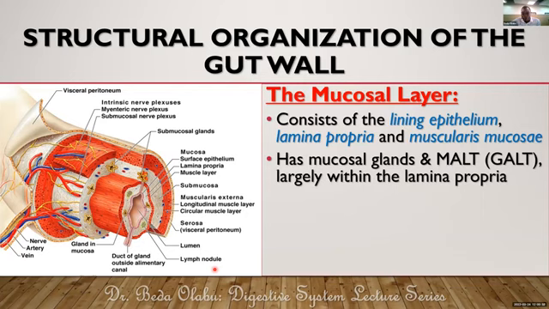So you can't see the margins properly in diffuse lymphatic tissue, or they can be what we call lymphatic nodules, or lymphatic follicle. Nodule and follicle go together. They're the same thing.